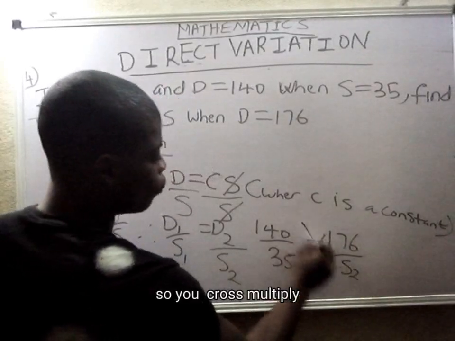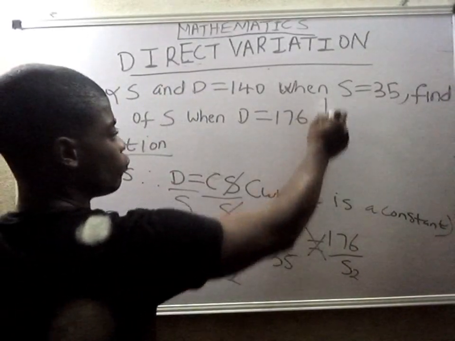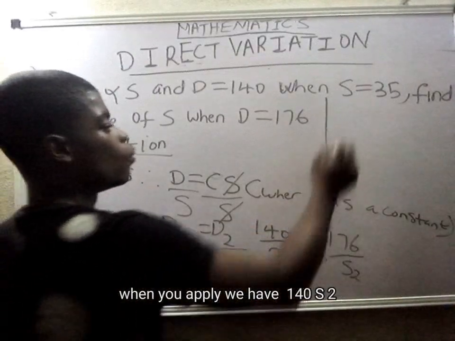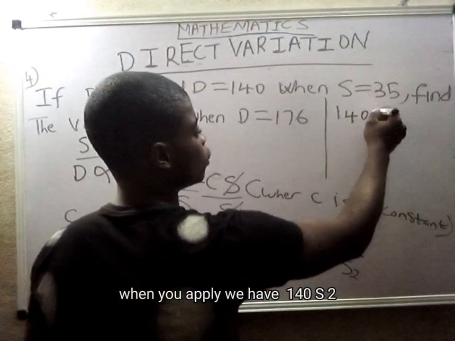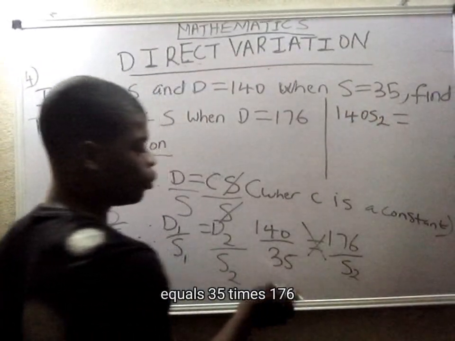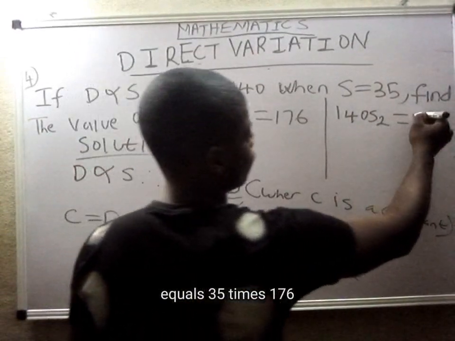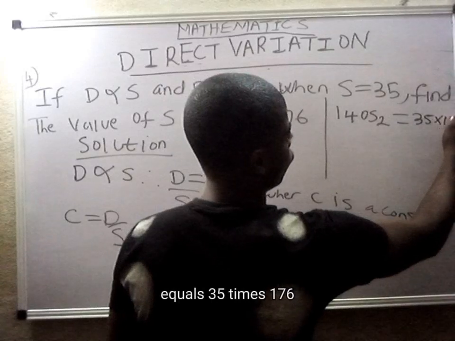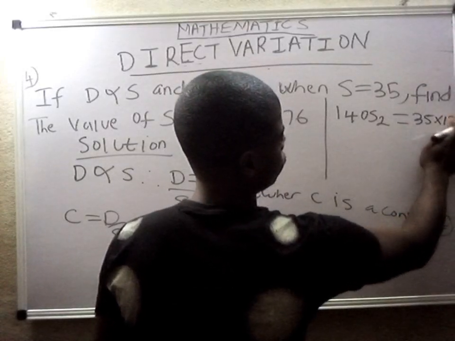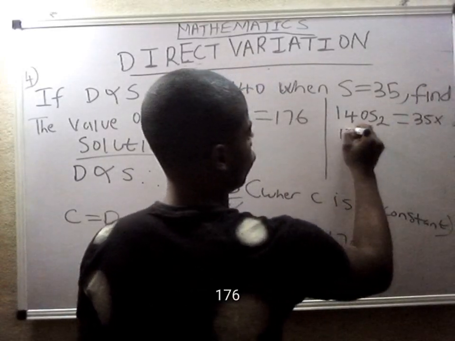So you cross multiply. 140 times x2 equals 35 times 176.